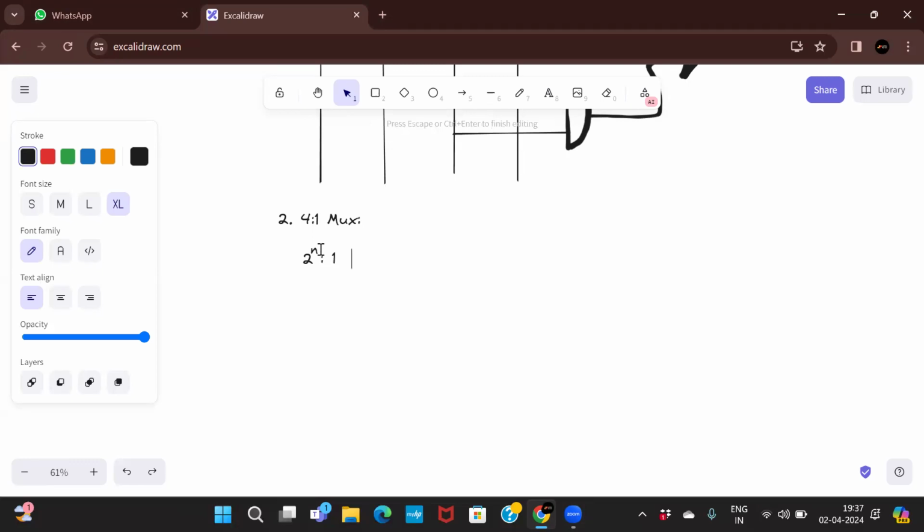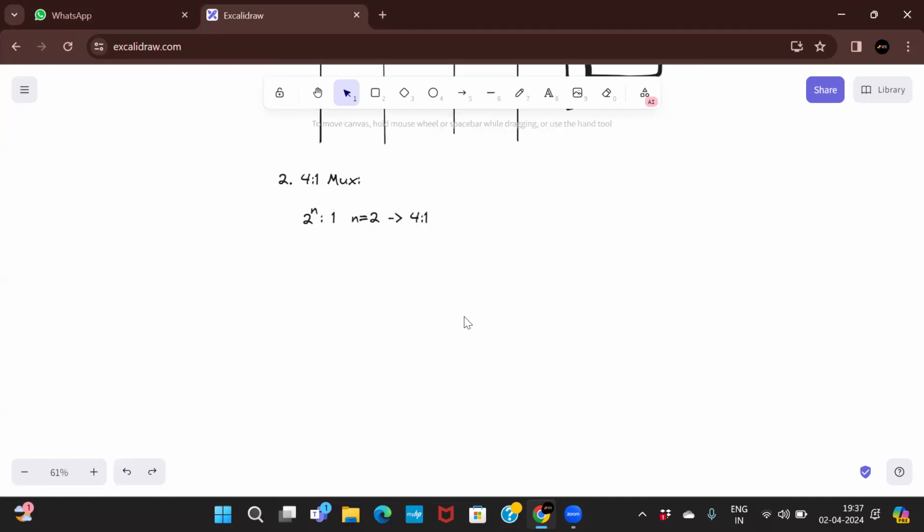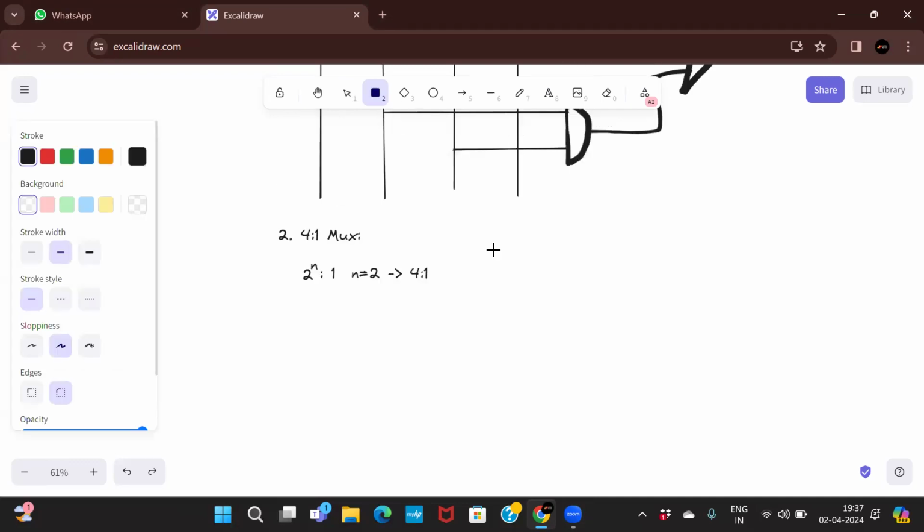Here n equals 2. Then it becomes 2 power 2, that is 4. 4 to 1. How many inputs do we require generally?